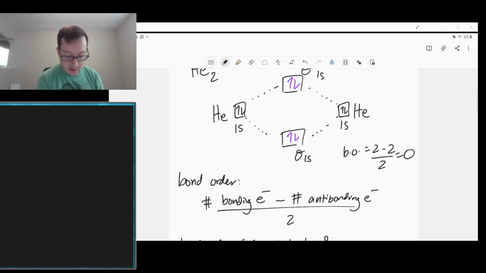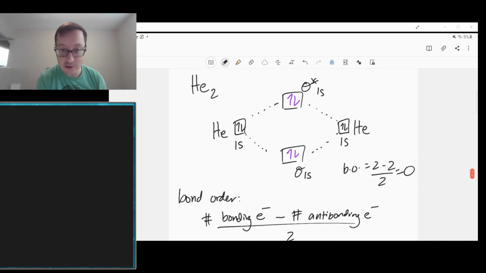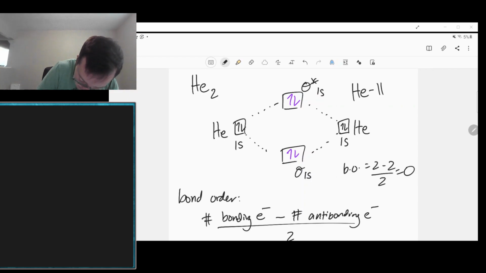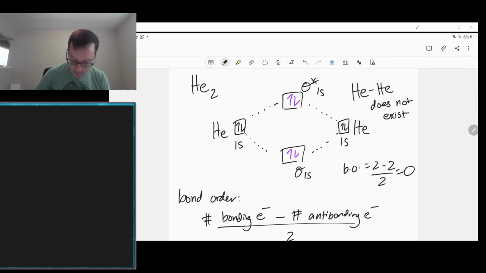And so we're going to see here that He2 would not exist. We do not have this molecule. So it is unlikely to exist. He2 does not exist.